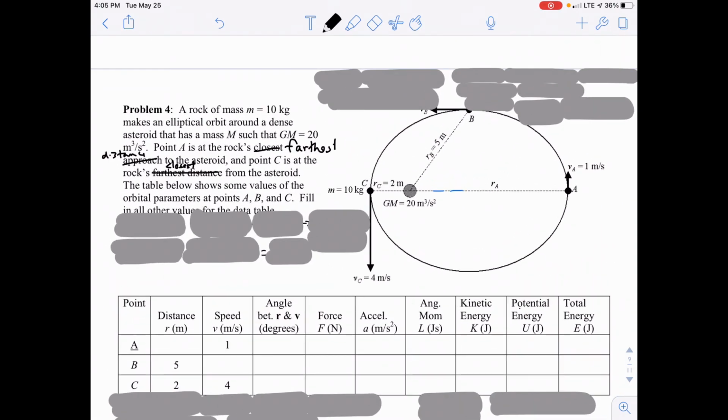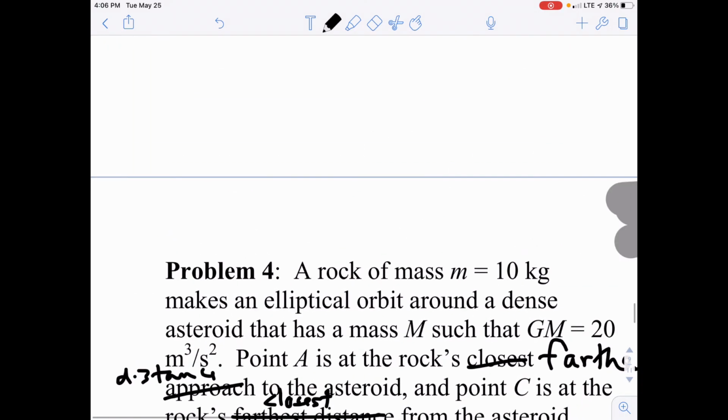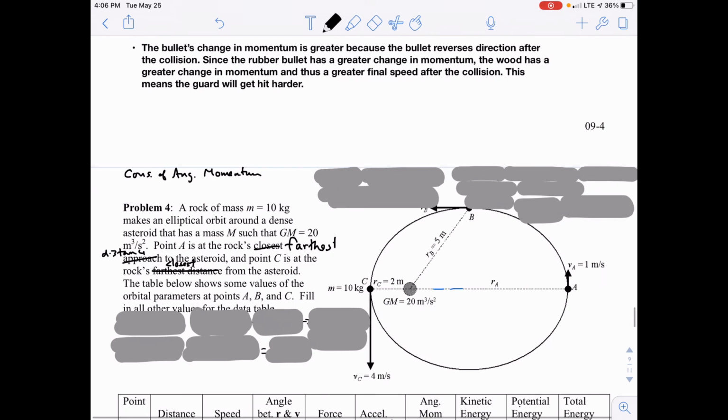Okay. There's a lot of things going on here, but the main concept would be a conservation of angular momentum problem. And how do we know this? Well, one, we've got one object rotating around another, so angular momentum is involved. But why is angular momentum conserved in this problem? Because this mass that's orbiting the asteroid is not given a net torque.